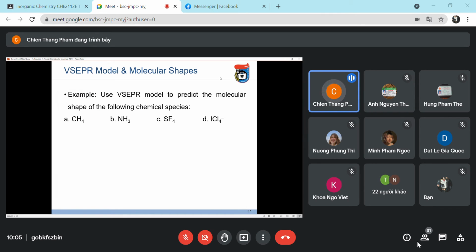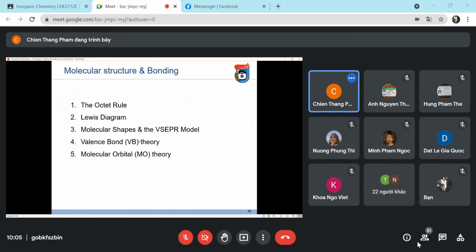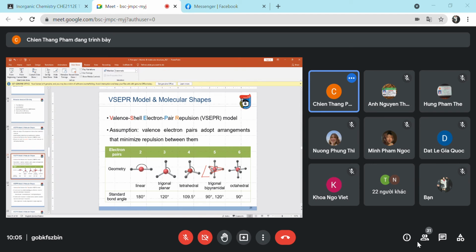You can consider the molecular shape for the following chemical species. And now I would like to shift to another one.